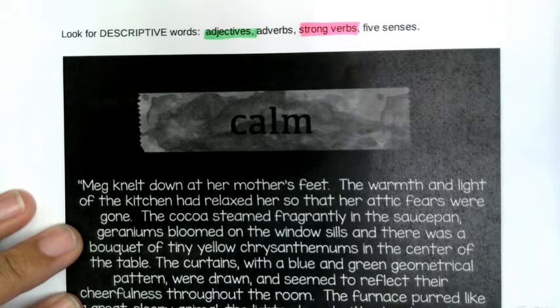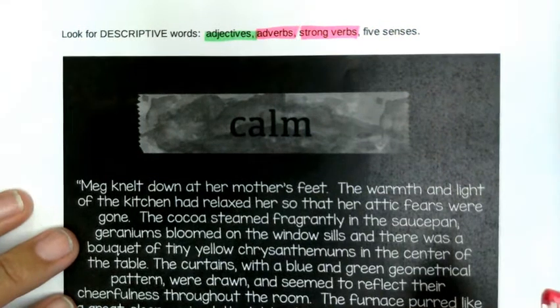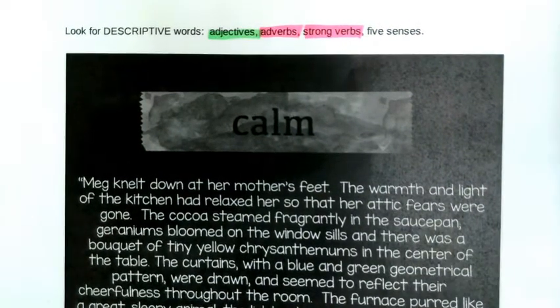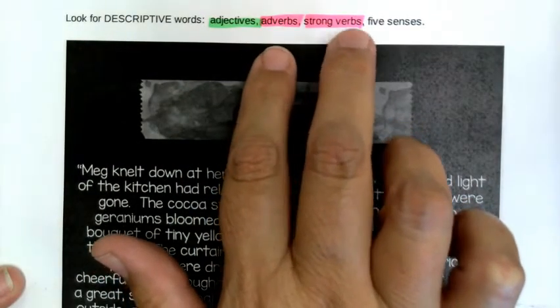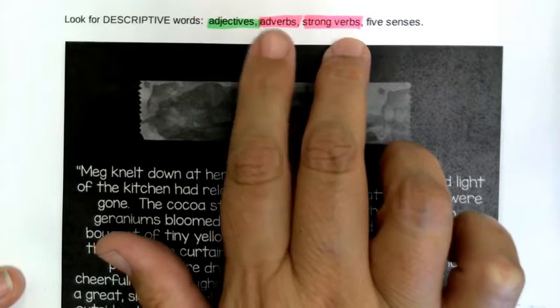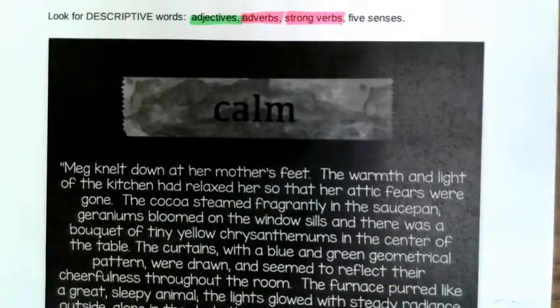So strong verbs, and along with that goes adverbs. So adverbs tell us how something is done, where it's done, when it is done, to what extent. So these two work together, the strong verbs to show us what's happening and the adverbs to show how it is happening. And then finally, authors are going to appeal to our five senses.